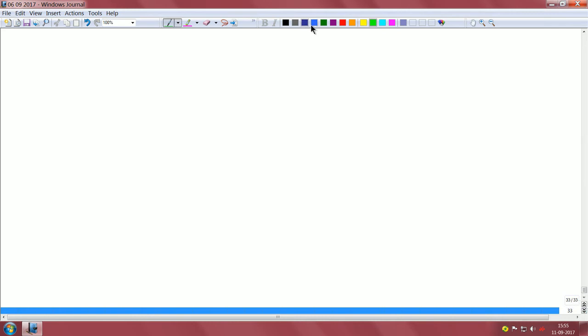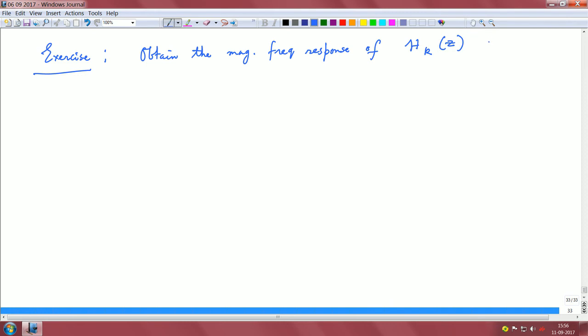So with this I give you a simple exercise, which is for your homework. Obtain the magnitude frequency response of H K of Z, and plot them.